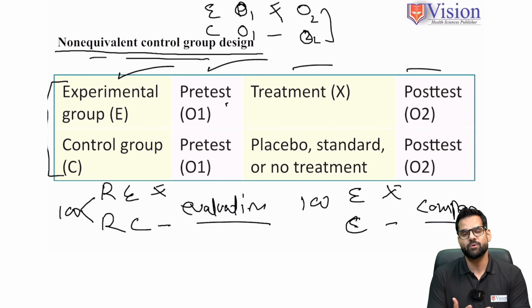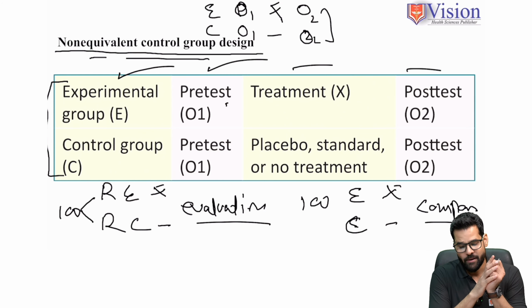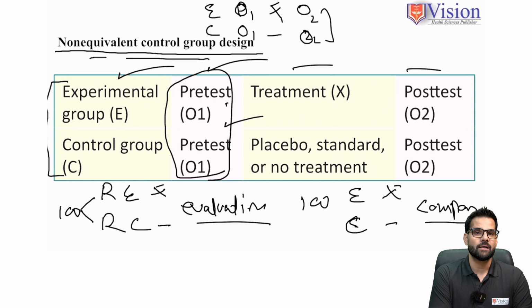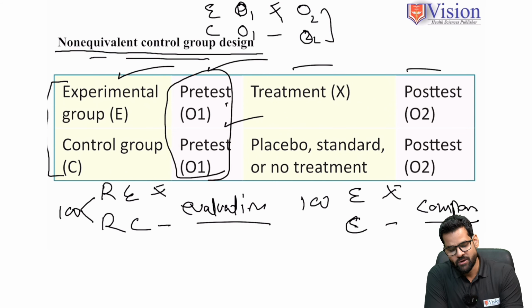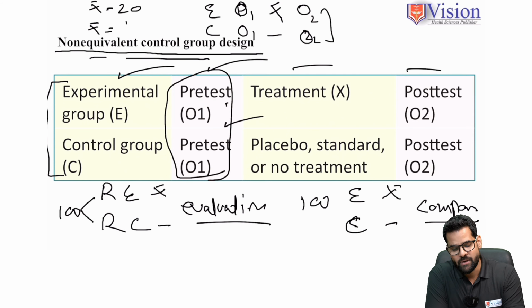This is quite possible because lack of randomization will always be considered a flaw for this design. But there is a pretest. So even though randomization was not done, the pretest will give you an idea about the equivalency of the groups. Let's say in the experimental group the mean value was 20. In the same way we can check the mean value of the control group even though randomization is not done. Let's say it is 19.